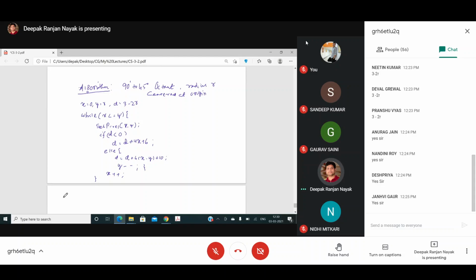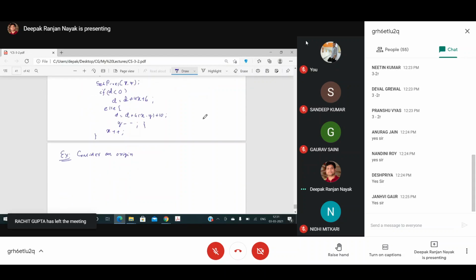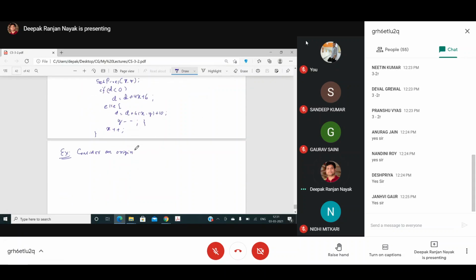The questions will be: consider an origin-centered circle of radius, let us consider, 8, for example. So consider an origin-centered circle of radius 8.